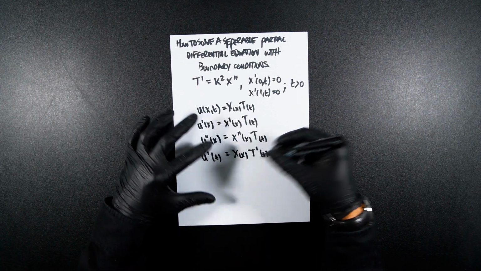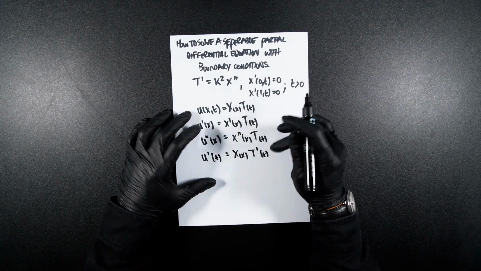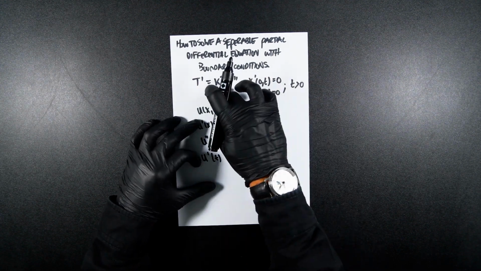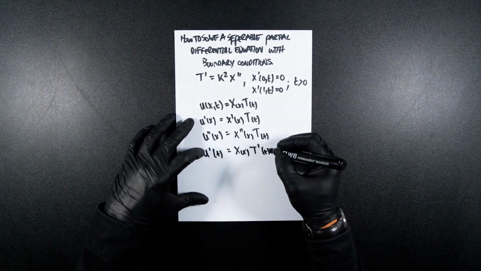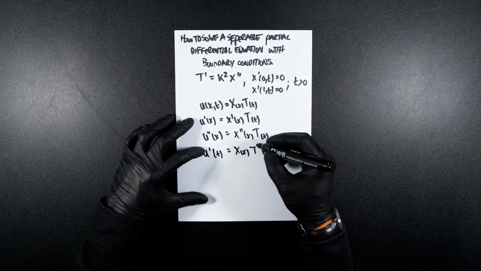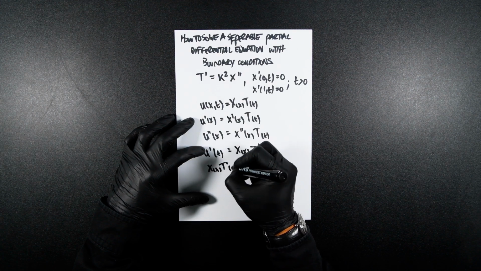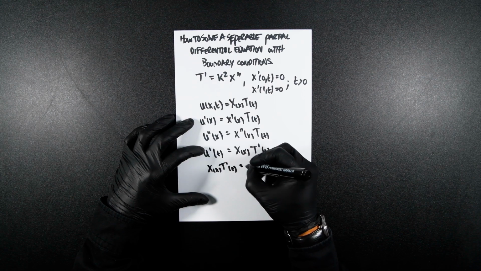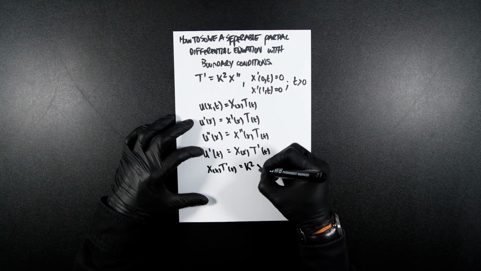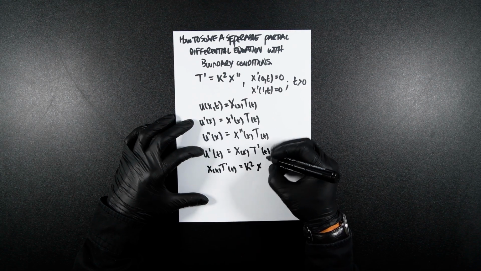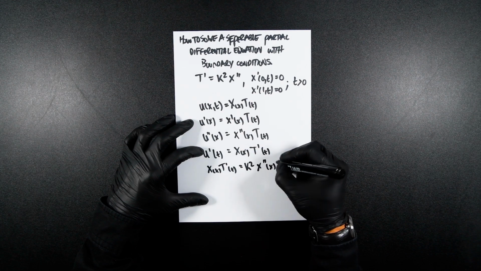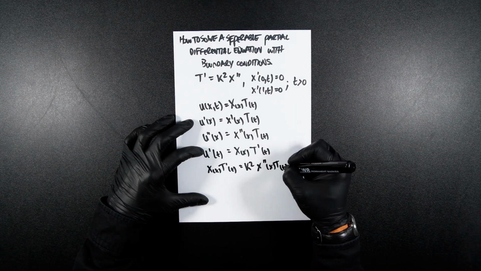Cool. Let's first sub this all into here. So if we sub this now all in, we've got this differentiated once for t. So you're going to get X(x)T'(t) equals k squared, and then let's sub in for that, beautiful. You're going to get X''(x)T(t).